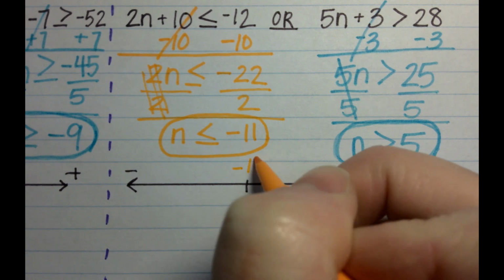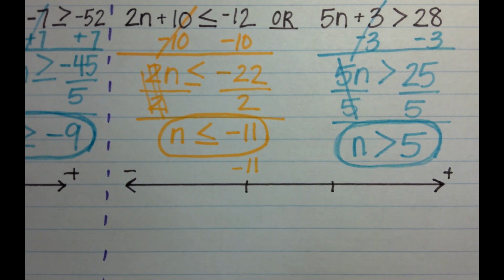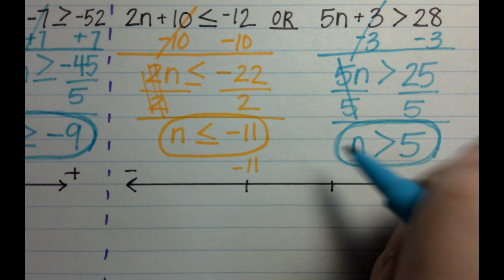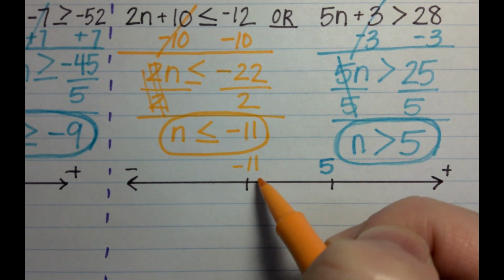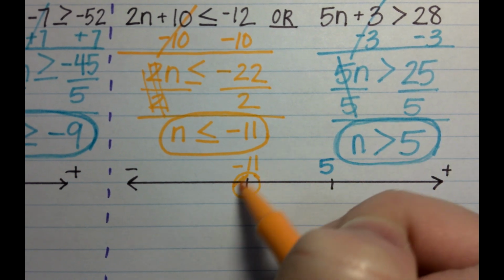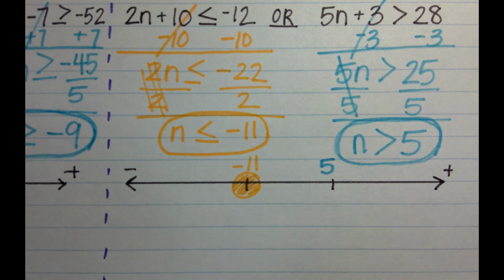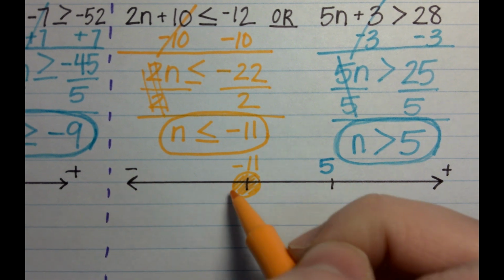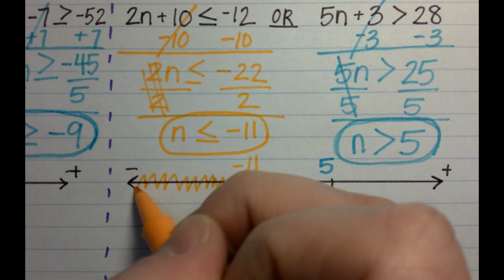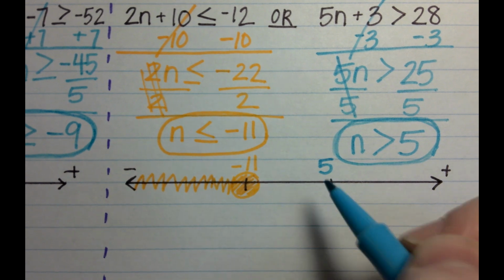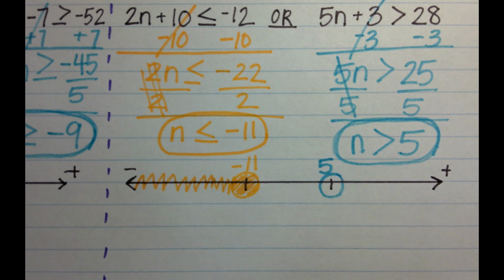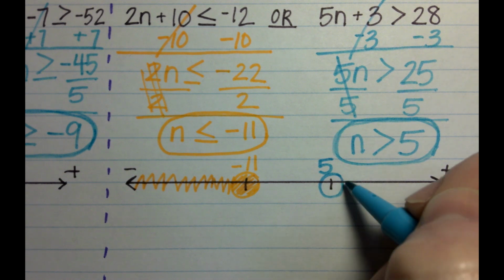Good. That means I'm going to put 5 on the other side. So now, -11, open circle or closed circle? Closed. Good. And what direction am I shading? To the left. And then 5, open or closed? Open. To the right or to the left? To the right.